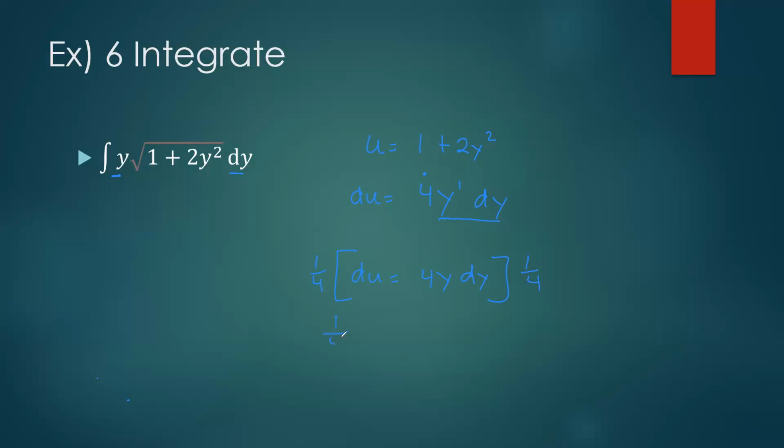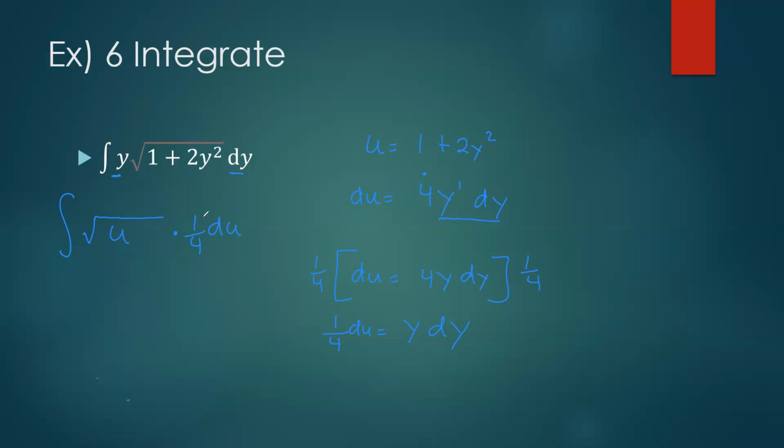That's 1/4 du. So it's going to be y dy. Okay. So this is going to be square root 1 plus 2y squared is u. And then you're going to replace y and dy with 1/4 du, right?